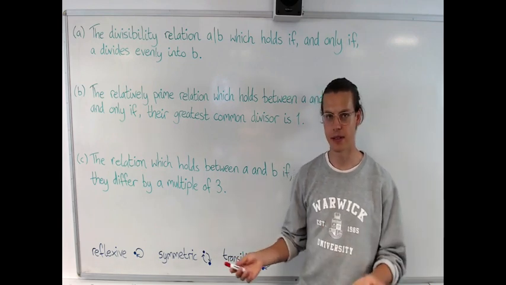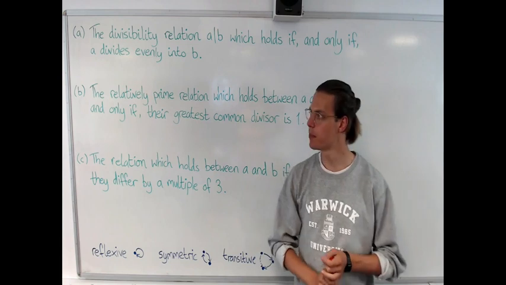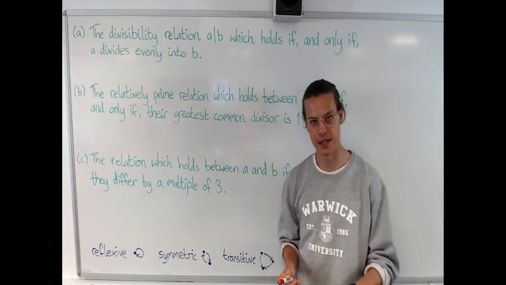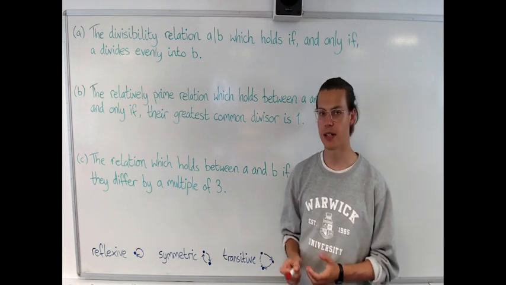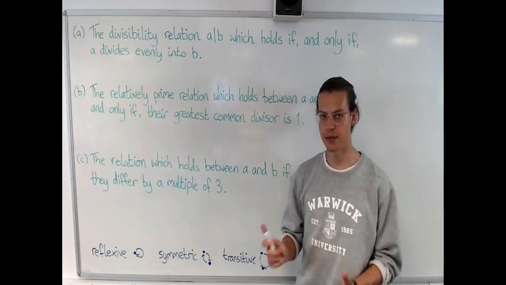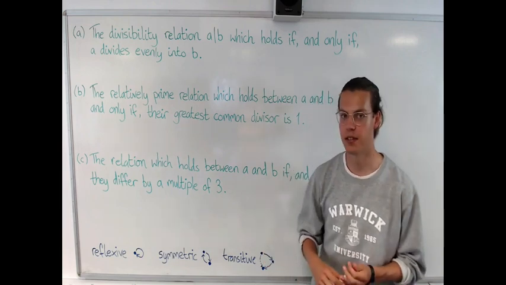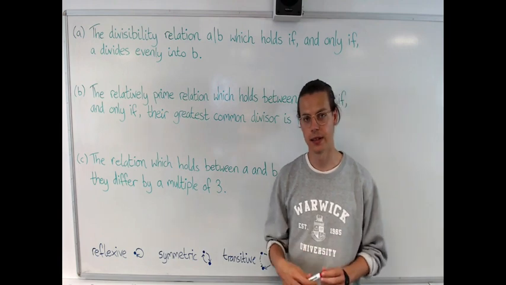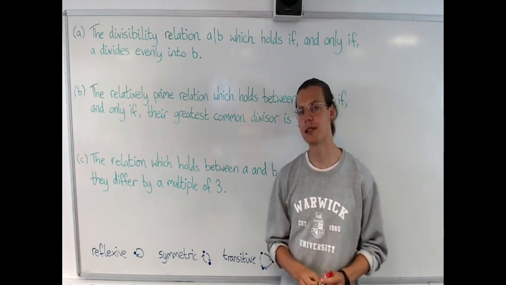Right? Any positive integer divided by itself gives 1. And so this is a reflexive relation. Every positive integer is related to itself. So this is reflexive, and it is not irreflexive, since it is not the case that no element is related to itself.